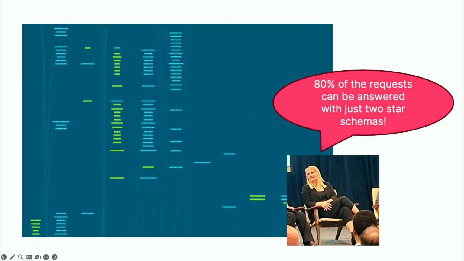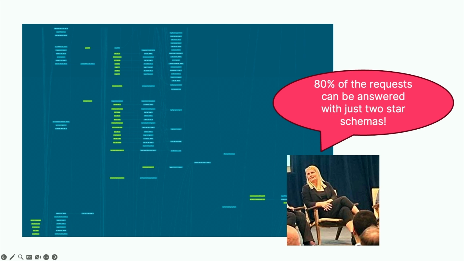But then Eirín said, well, 80% of the requests can be answered with just 2 of our star schemas. So here it's really, really good to have the users of your solution with you in the team who can give you this domain expert knowledge and tell you, well, we don't need to worry about the entire warehouse. We just solve this problem for 2 star schemas.